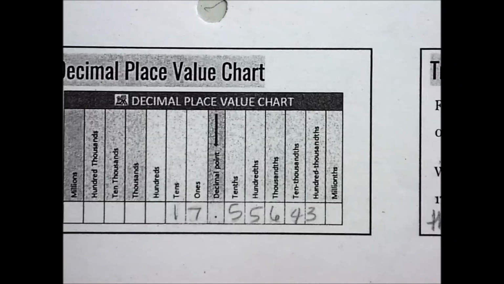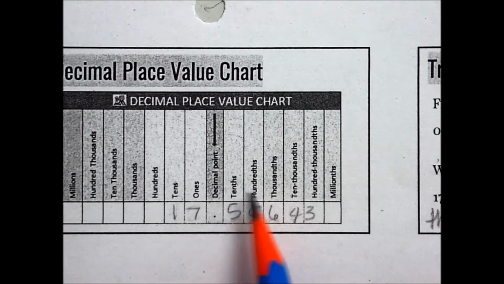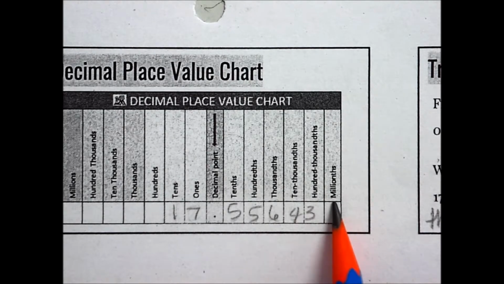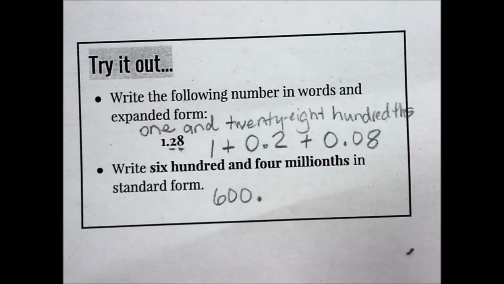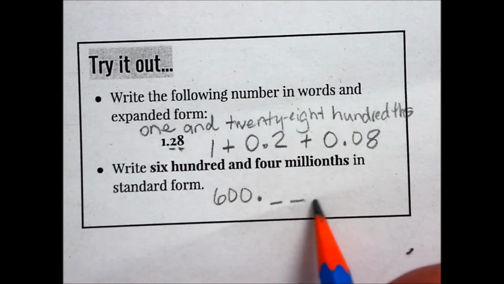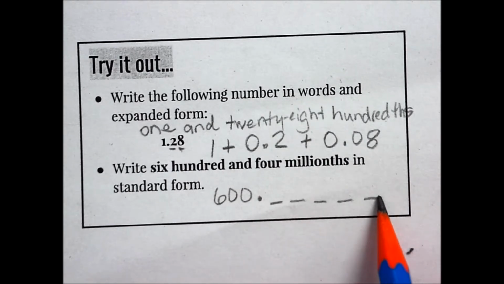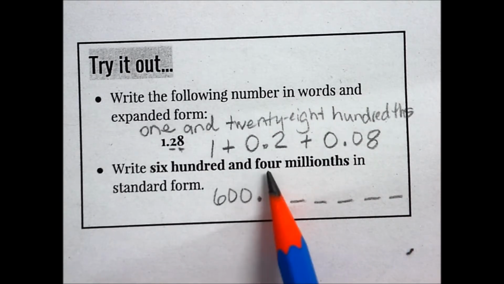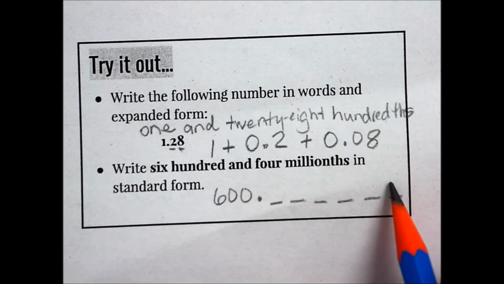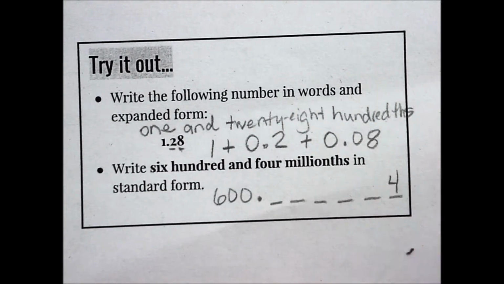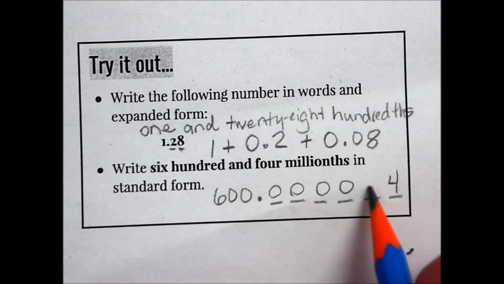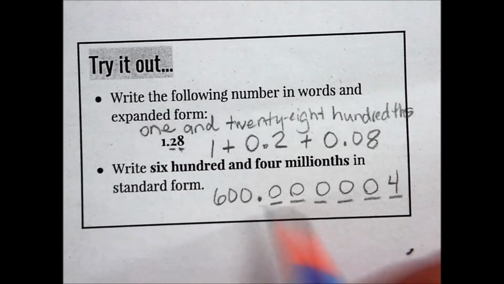We need to go to the millionths. 1, 2, 3, 4, 5, 6 places. All right, now let's look at what the number is. It's just a 4. So the 4 will have to go all the way here at the end, and we will fill in the rest of the blanks with zeros to have 600 and 4 millionths in standard form.